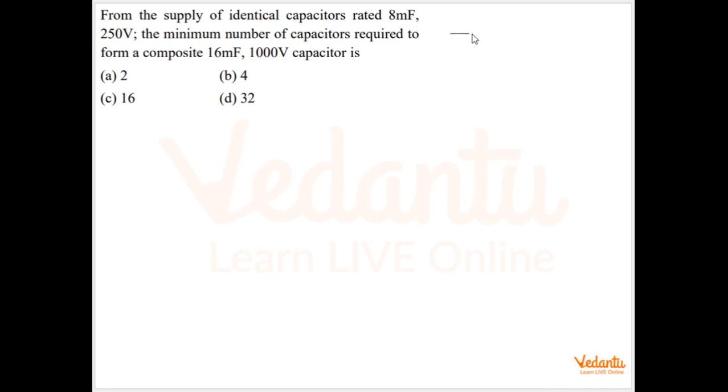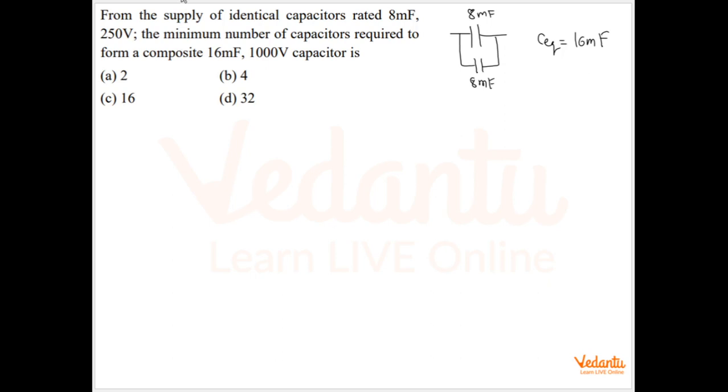Now your first choice would be to just add one 8 millifarad like this and another 8 millifarad like this, and you can say that, arre sir, the overall C equivalent will be 16 millifarad, so you only need 2 capacitors. But that would be wrong my dear bachcha log, this is very wrong.